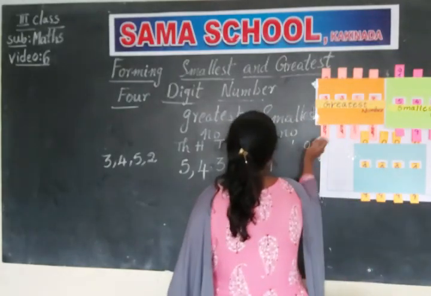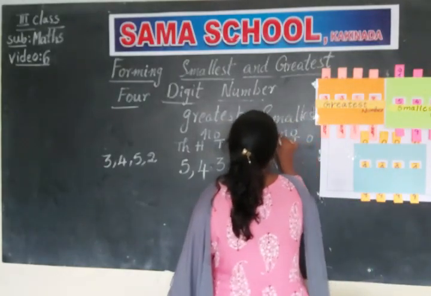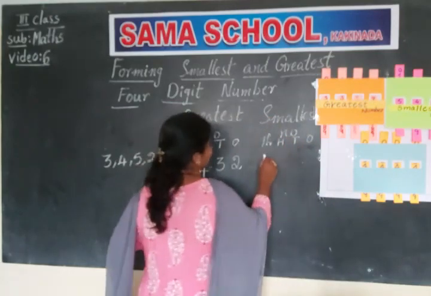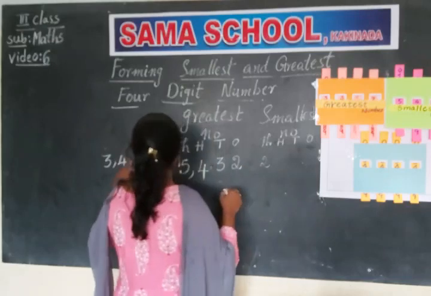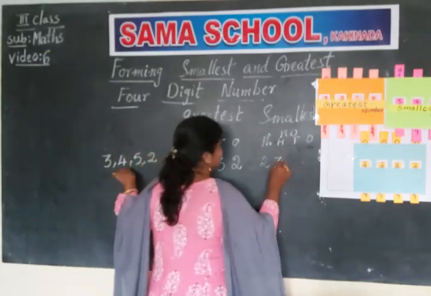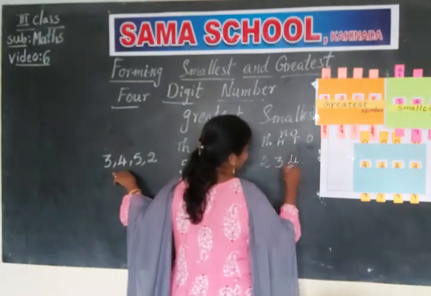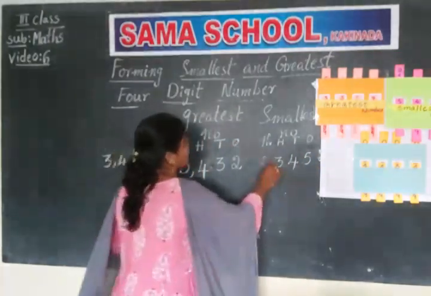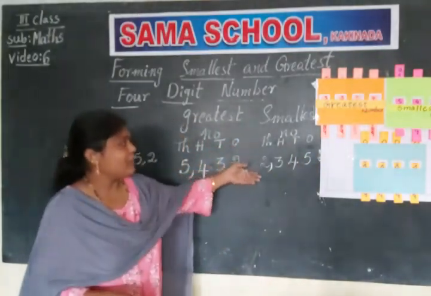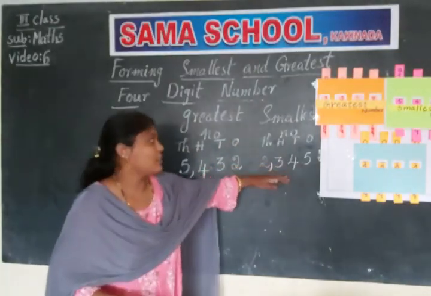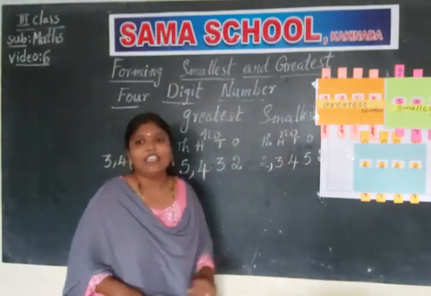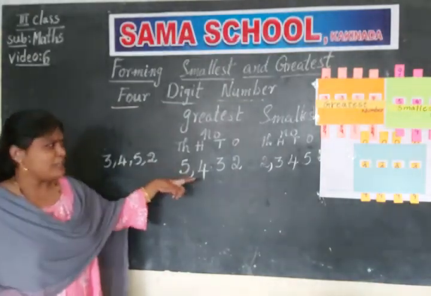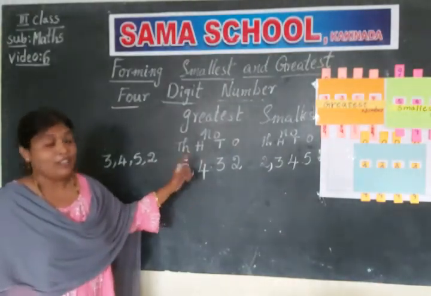Write the place values. The smallest number here is 2, the next is 3, then 4, and the last is 5. So the smallest number is 2345.